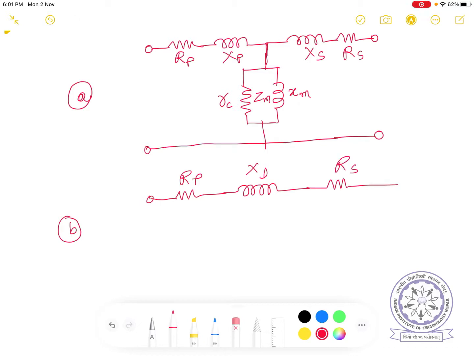The shunt branch is divided into two parts: one is Zp, and the other one is Zs.